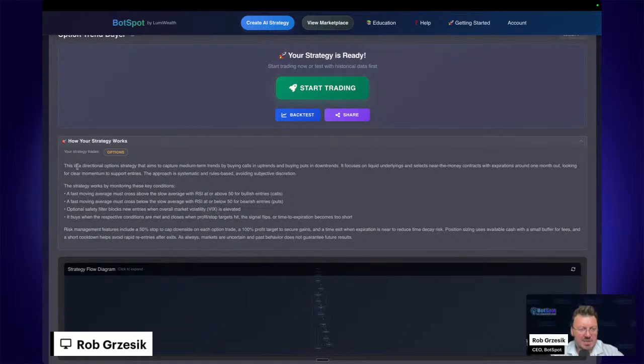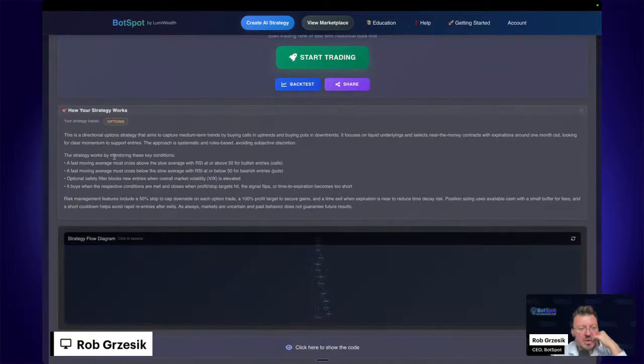So it's a directional option strategy that aims to capture medium-term trends by buying calls in uptrends and buying puts in downtrends. It focuses on liquid underlyings and selects near the money contracts with expirations around 1 month, looking for clear momentum to support entries.